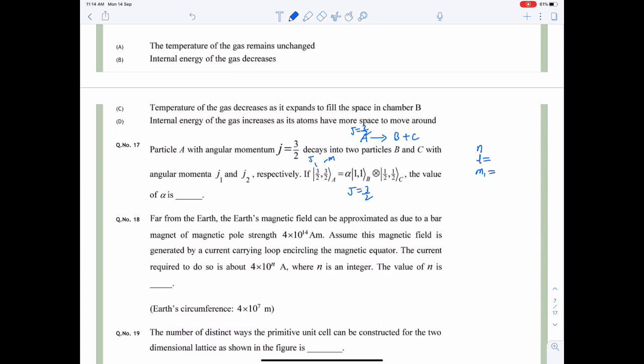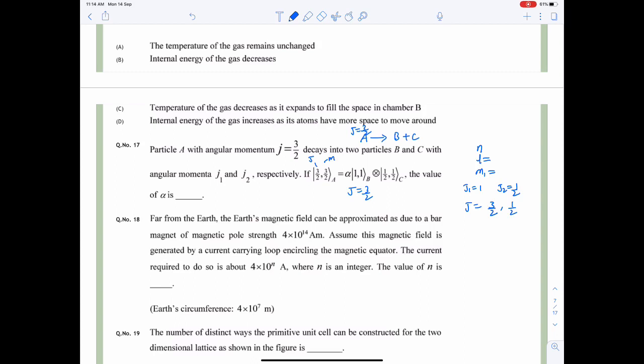This is your total M, because when you take two particles, J1 equal to 1 and J2 equal to half, what will be the total J? Total J will be 3 by 2 and 1 by 2.